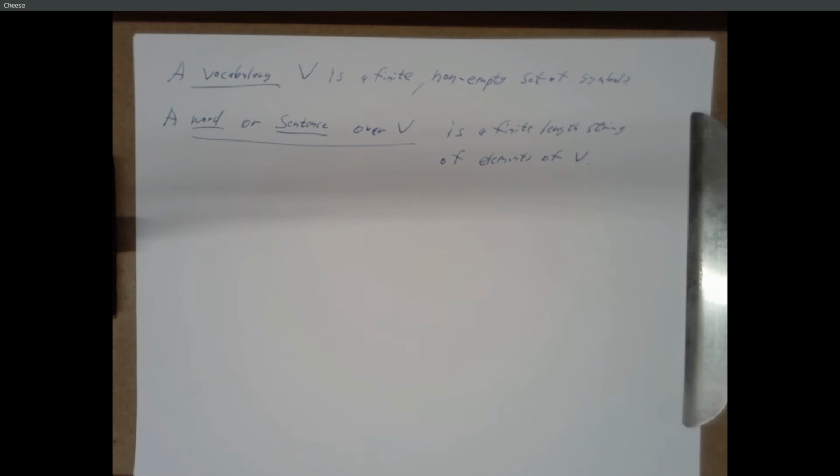A string is an ordered collection of these things. It's not like a set. We could have a symbol in there more than once. Think of it like just a string from programming.